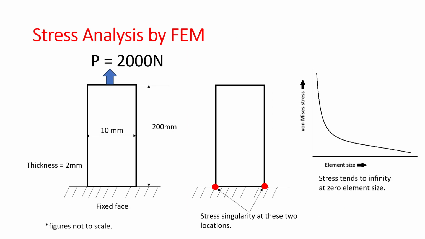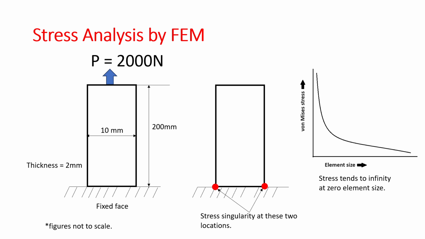However, when you do the finite element analysis for this using plane stress elements, we will discover that at the two regions shown on the screen with red dots, the stress does not converge. As you go on refining the mesh, the stress tends towards infinity.